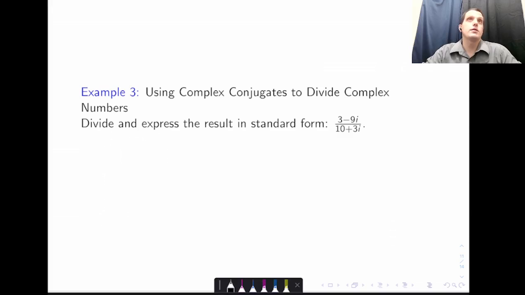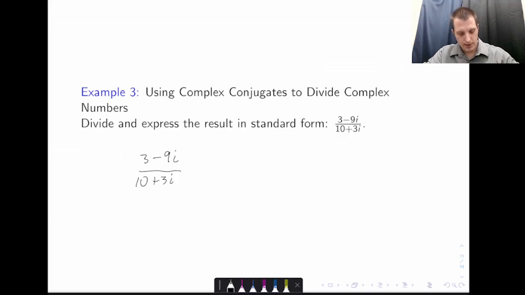All right, so now we're going to be using conjugates to divide complex numbers. So in math, we don't like certain things. We don't like square roots in our denominators. We don't like i's in our denominators. So to fix that, we simply just get rid of them. But we need to do it mathematically. So we have this 3 minus 9i divided by 10 plus 3i.